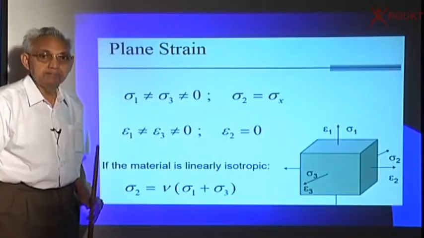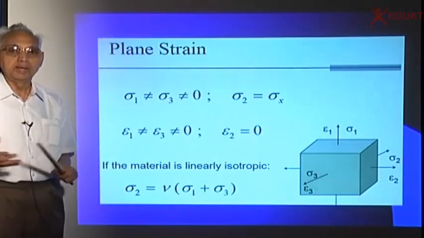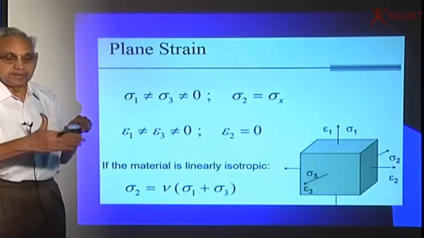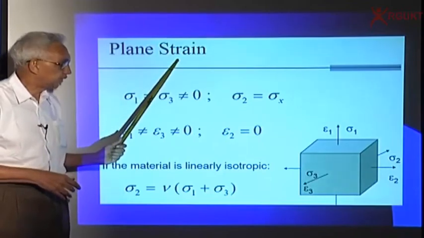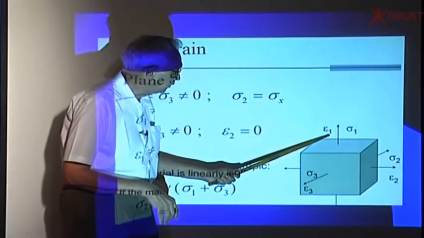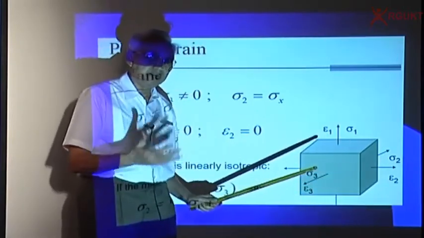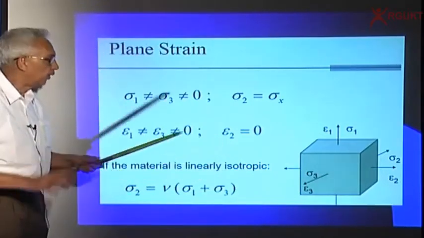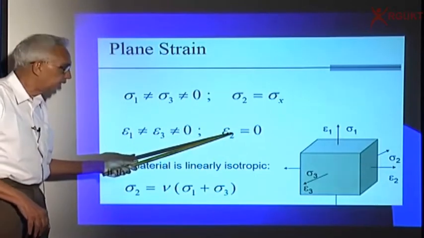Then we also have different states. If I have a long retaining wall or embankment, if I have a very long one and look at the cross section, it doesn't matter where you look at it. These kind of problems are called plane strain. Here, sigma 1, epsilon 1, sigma 2, epsilon 2, sigma 3, epsilon 3 are the 3 coordinate systems. Because it's a long wall, there's no strain in the longitudinal direction.